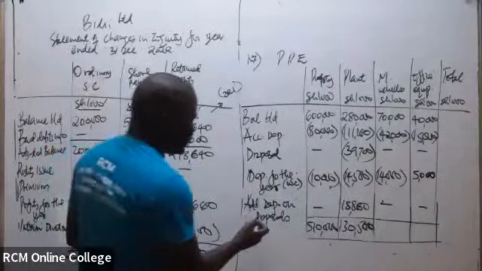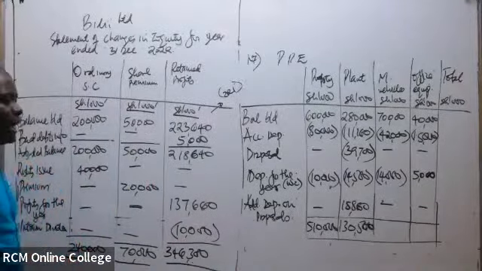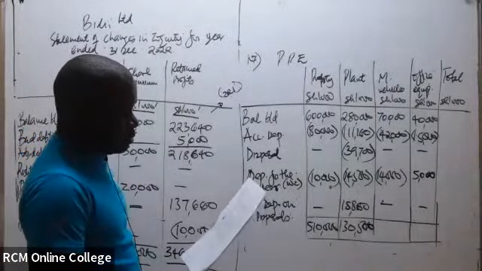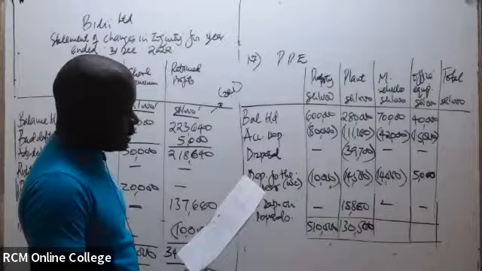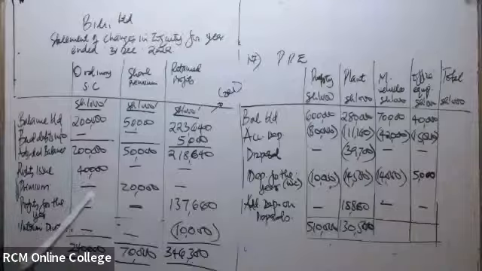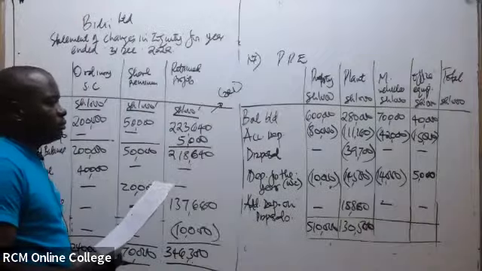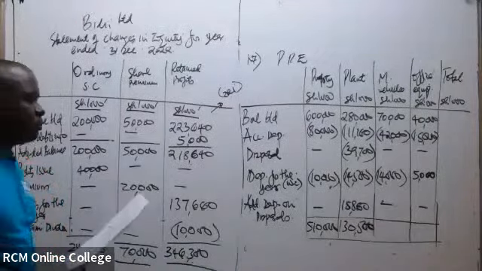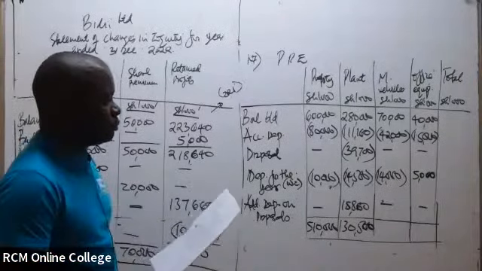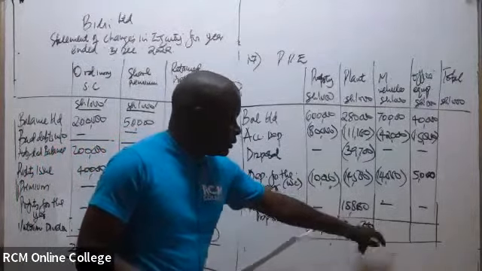But we have to add back depreciation on any item which had been disposed of. So you'll get 135,500.